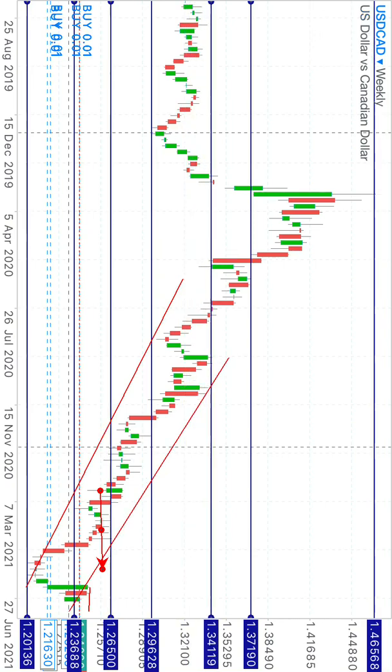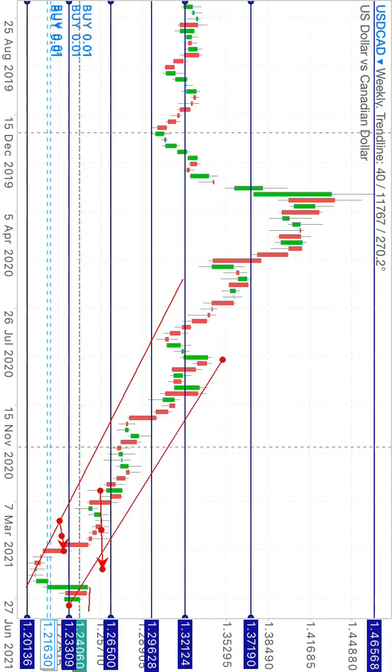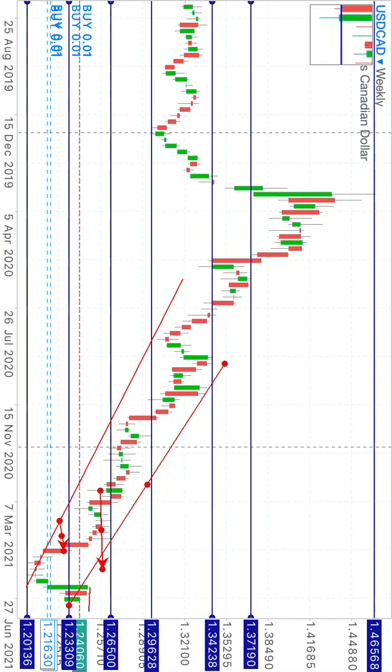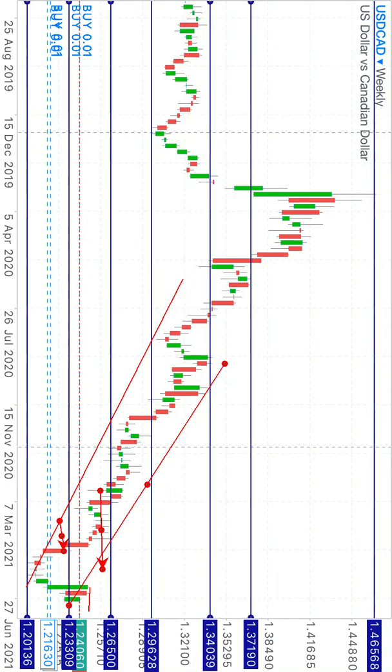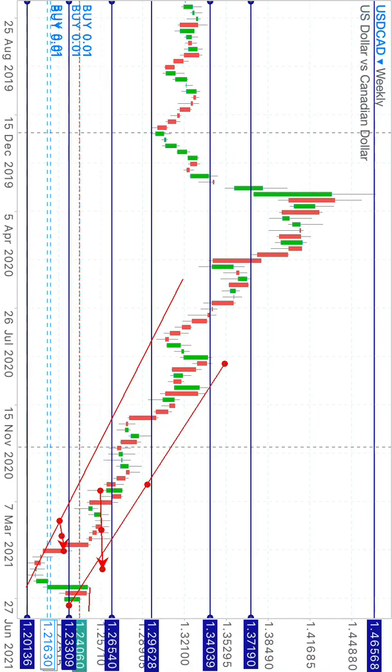It's just the beginning of an uptrend. So if you can also check, there is a channel on the weekly chart, and the breakout of that channel. So I'm expecting USDCAD to continue to go up, right?